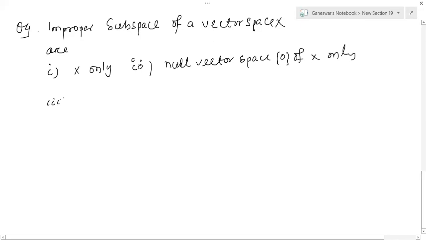Third option: X and null vector space 0 of X. Last option: none of these.